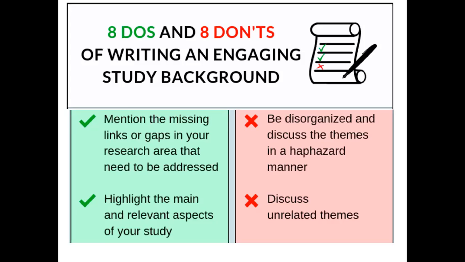For example, the relationship between vocabulary and reading, and some researchers have found a significant positive correlation. And then you talk about that one research in the beginning, and then you talk about another one in the next paragraph, for example, some research which found an insignificant correlation between those two variables. And then you move again to the next one, which says about the significant correlation.